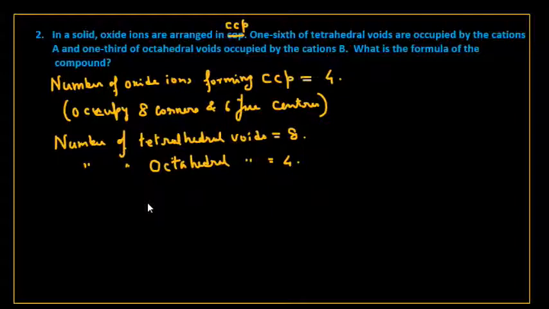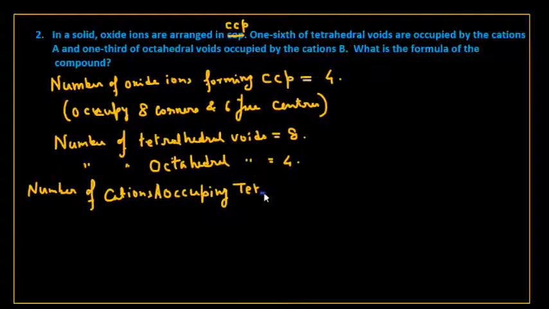Number of cations A occupying tetrahedral voids is equal to 8 by 6.